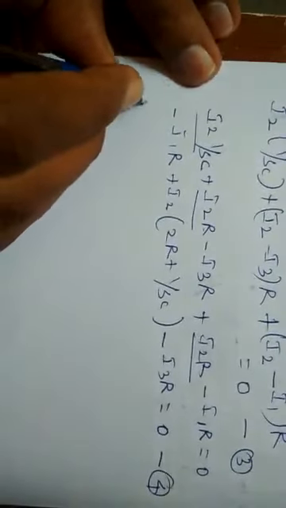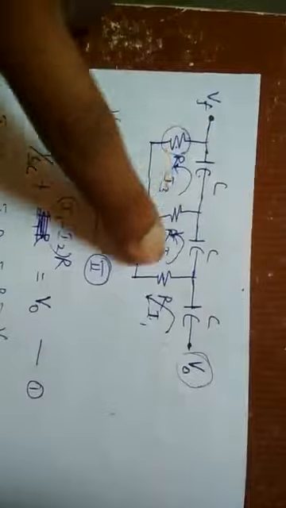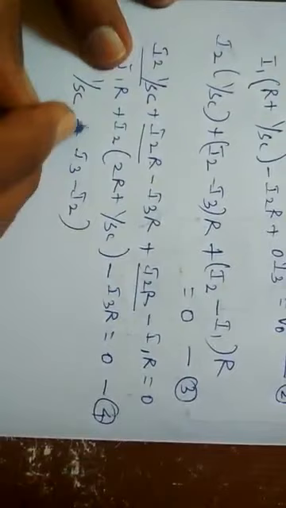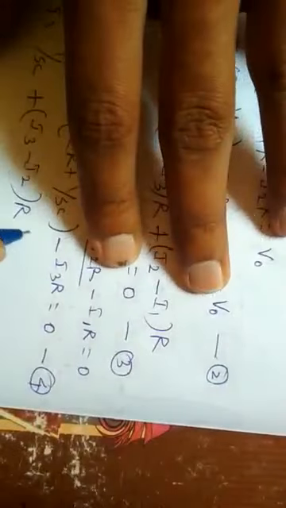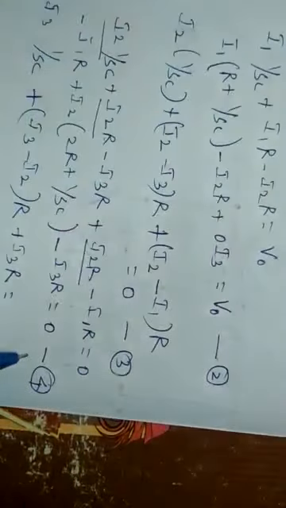So firstly you can write I3 into 1 by SC plus I3 minus I2 into R, and the final one I3 into R, equals the total loop around the potential.